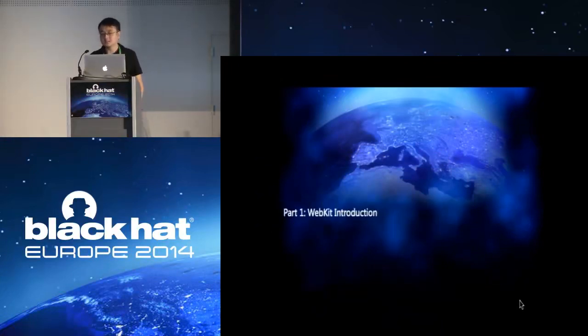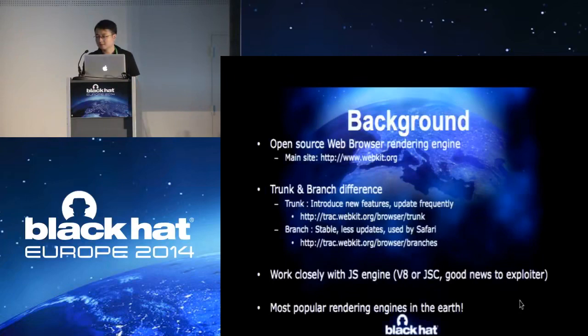So first, let me introduce WebKit. Everyone knows WebKit well, it is the most popular web rendering engine in the world. The only thing we need to take care of is that there are two code versions of WebKit. One is the trunk and another is the branch. The trunk usually introduces new features and is updated very frequently.